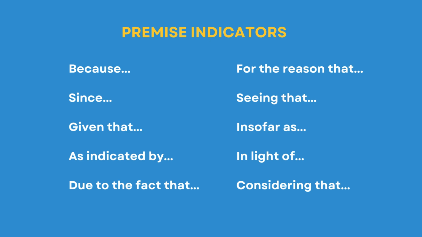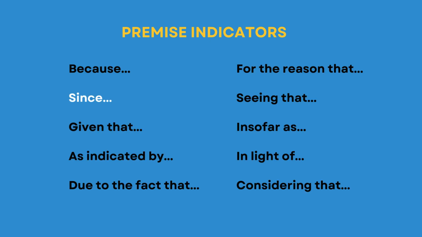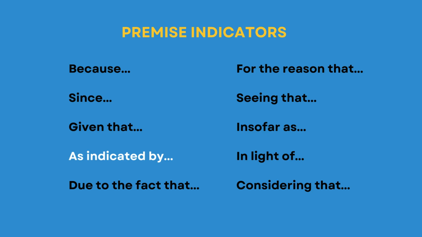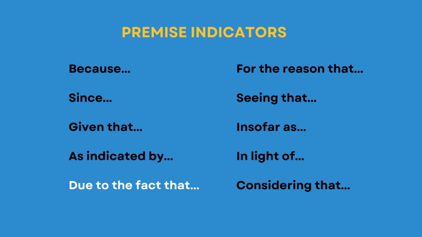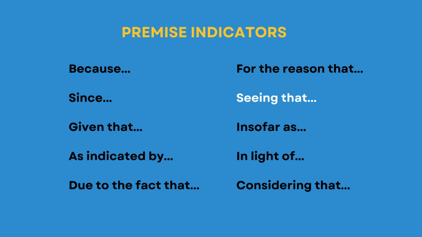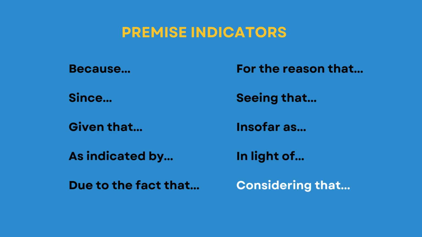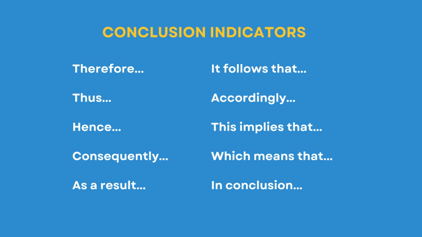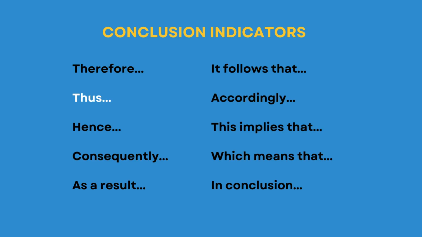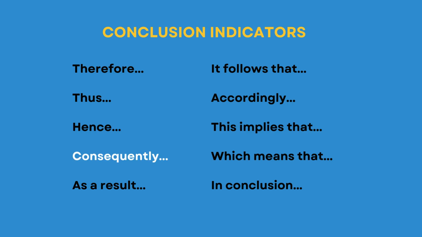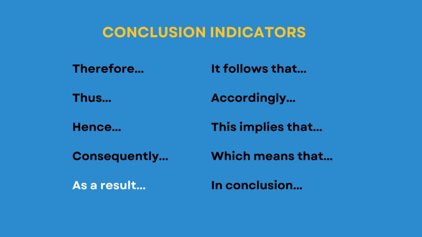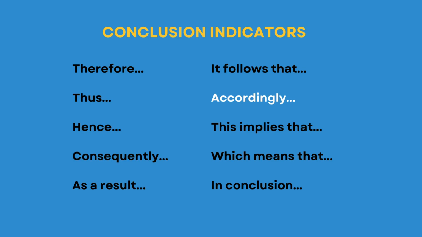Some premise indicators are because, since, given that, as indicated by, due to the fact that, for the reason that, seeing that, insofar as, in light of, considering that. Some conclusion indicators are therefore, thus, hence, consequently, as a result, it follows that, accordingly.